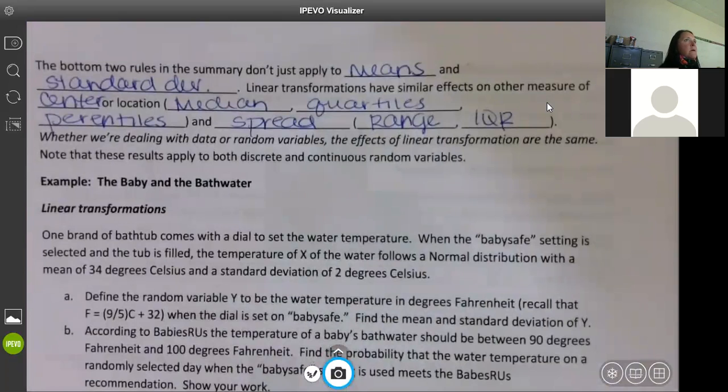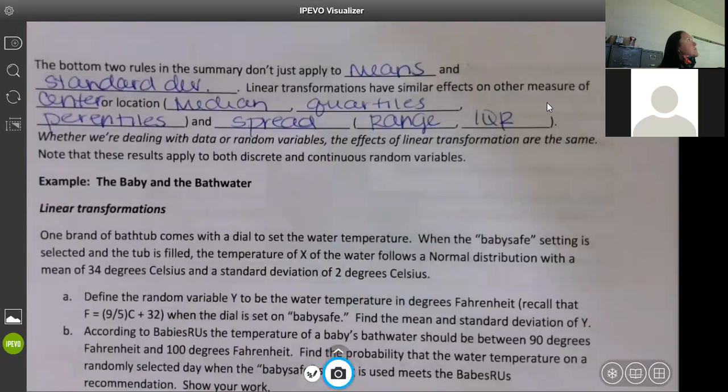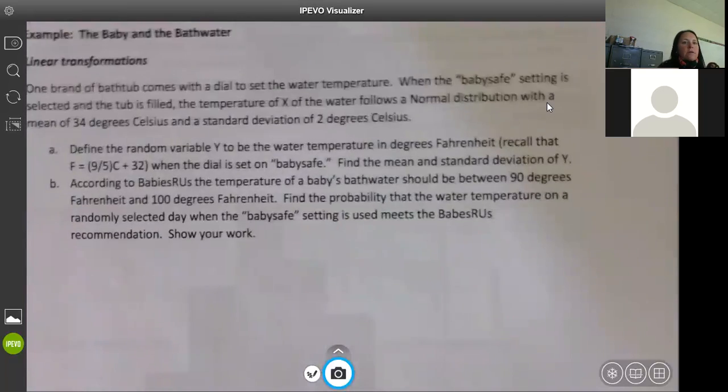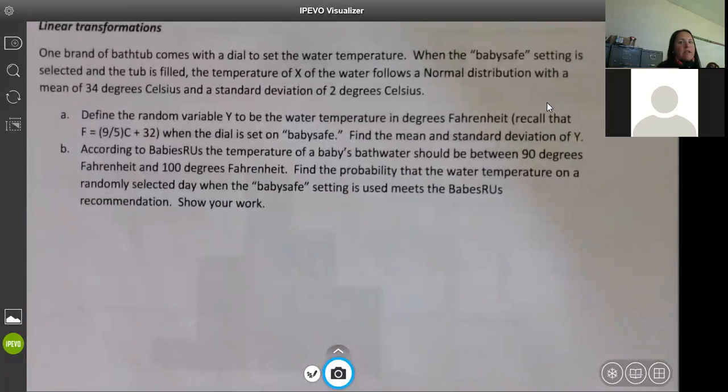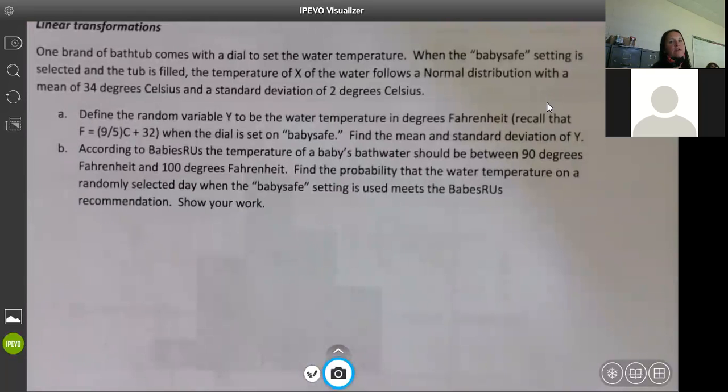All right, so I wanted to do this example and stop because part B goes back to what we did on Tuesday. One brand of bathtub comes with a dial to set the water temperature. When the baby safe setting is selected and the tub is filled, the temperature X of the water follows a normal distribution with a mean of 34 degrees Celsius and a standard deviation of 2 degrees Celsius.